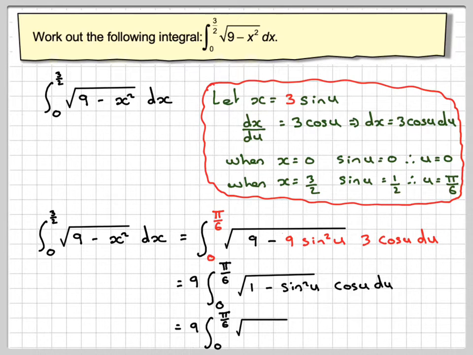Now 1 minus sine squared u is cos squared u, so here I can now write this as cos squared u, cos u du. Let's get the notation correct there.